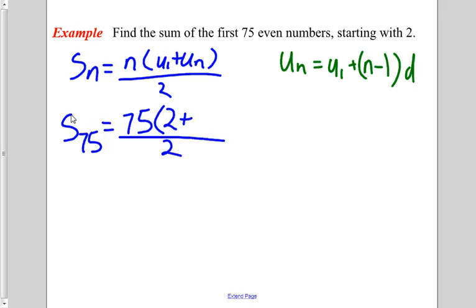So un, I've got 75 terms, so I'm looking for u of 75, equals u1, which we know equals 2, plus our 75 terms minus 1, and these are all even numbers, so our dilation here is 2. If I do all this, 2 plus 74 times 2 equals 150.